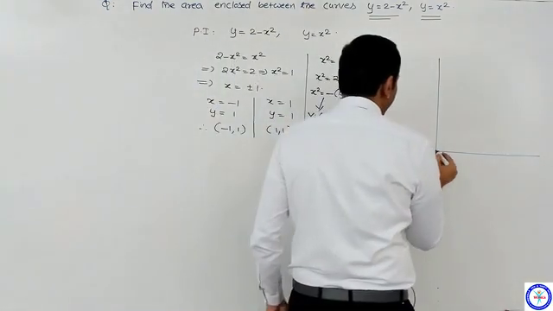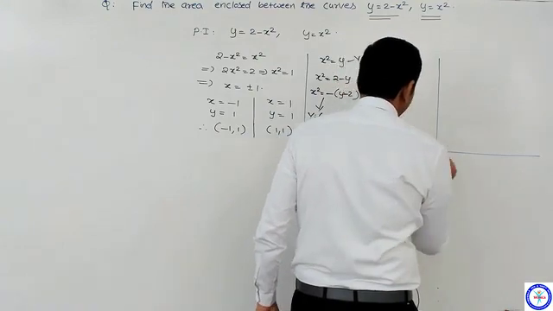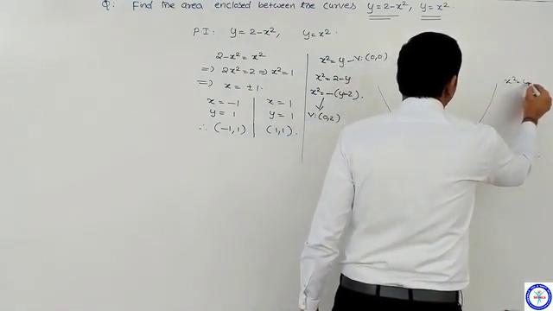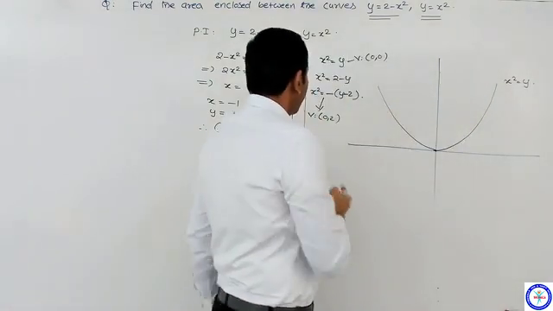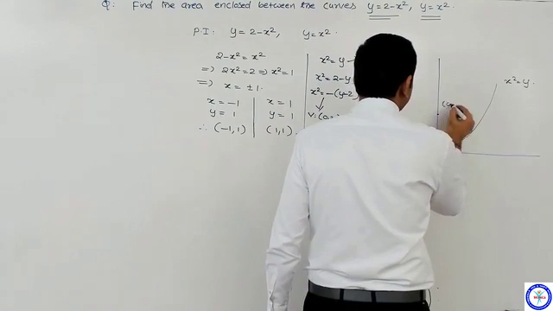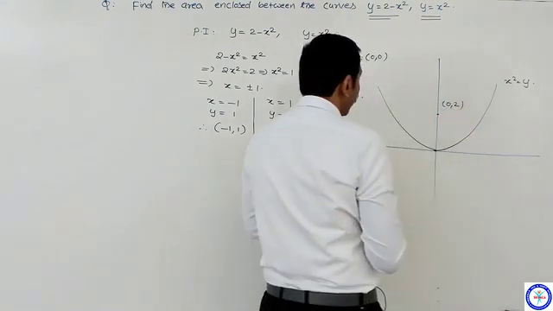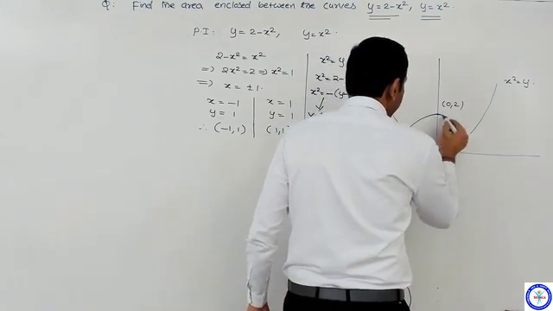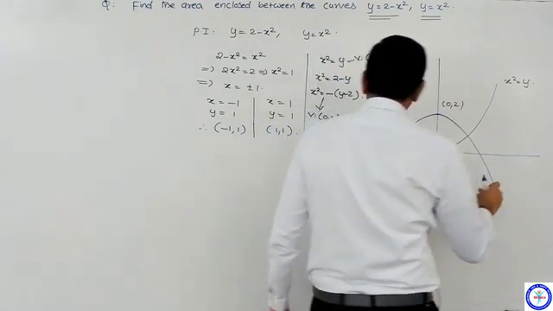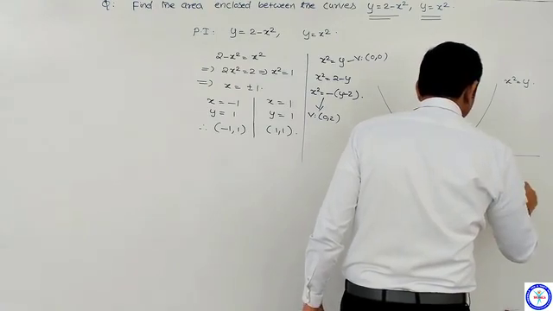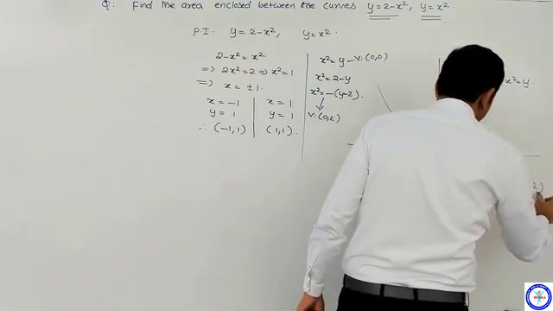Here it is: x square equal to y is a parabola opening upwards, and the second one has its vertex at 0, 2 and opens downwards. Therefore, the second equation is x square is equal to minus of y minus 2.